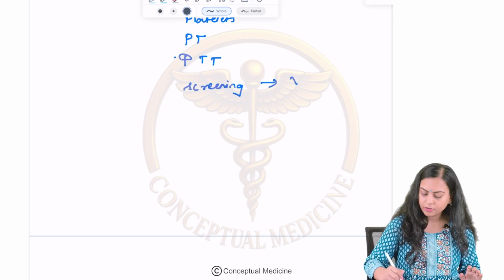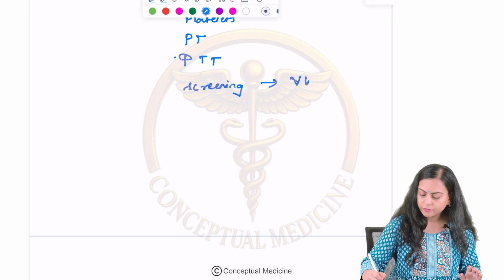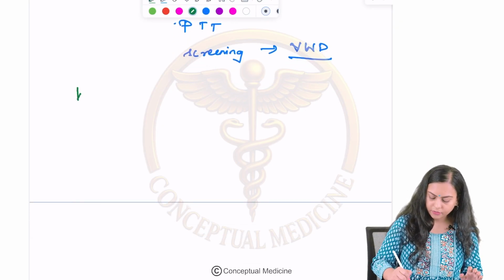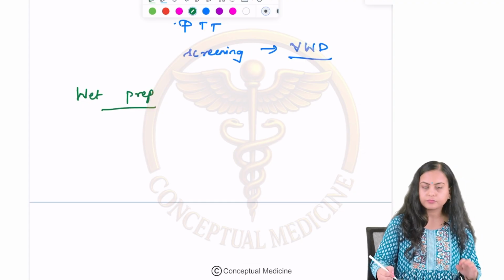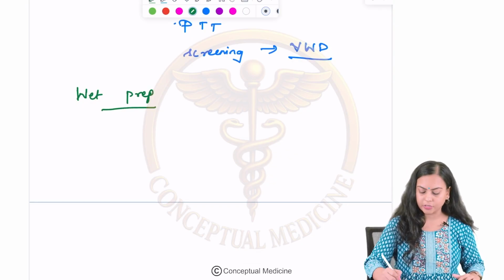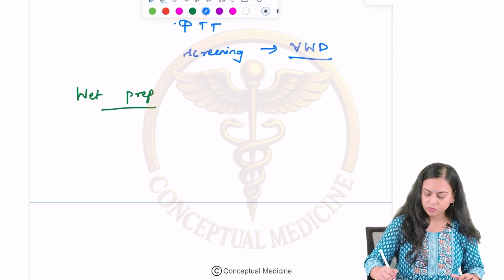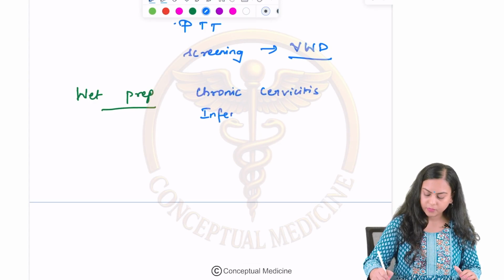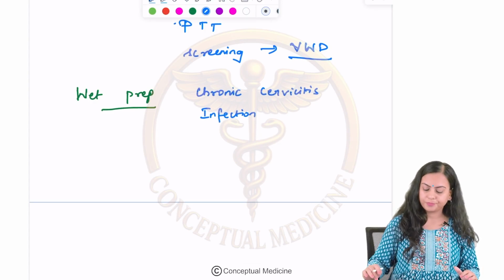Okay, screening for von Willebrand disease. Clear? Then you have to prepare a wet preparation if there are more cervical secretions. Okay, you have to check for chronic cervicitis or infection.